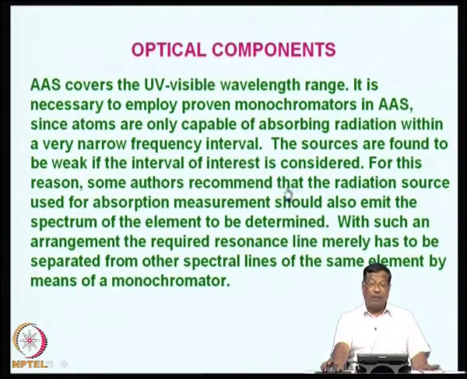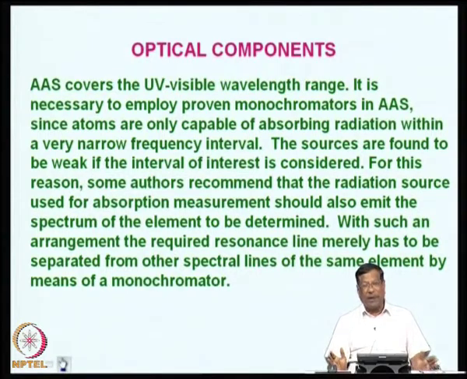Some authors recommend that the radiation source used for the atomic absorption measurement should also emit the spectrum of the element to be determined. It will also have a resonance line. With such an arrangement, we only need to separate the resonance line from other spectral lines of the same element by means of a monochromator. So, what is the job of the monochromator?